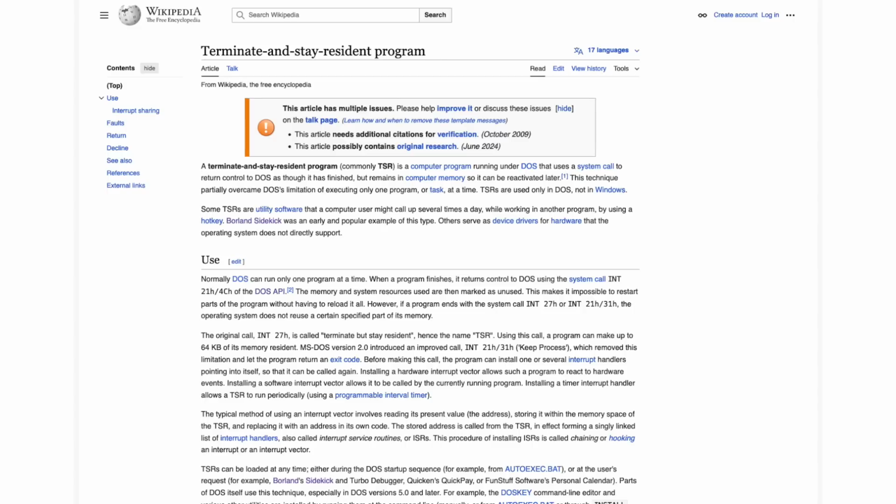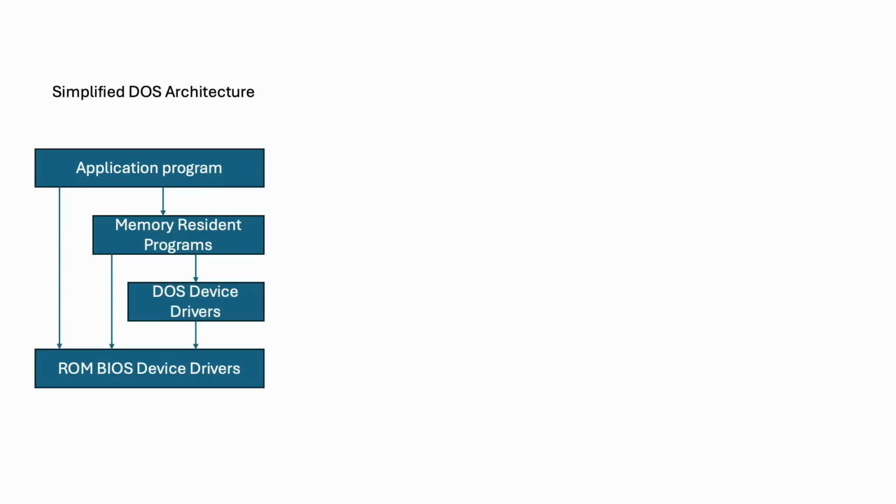By means of so-called terminate and stay resident programs, TSRs for short, one could sort of overcome this limitation to some extent by having background tasks running. However, the inherent design limitations showed everywhere, as many interfaces in DOS were built on the premise that they could only be accessed by one single application at a time.